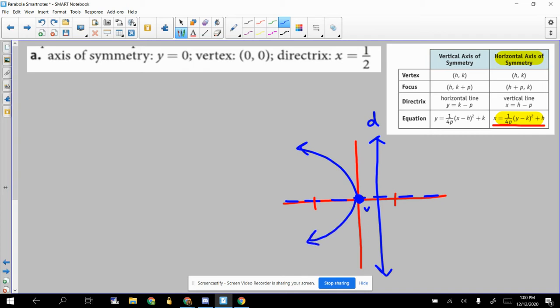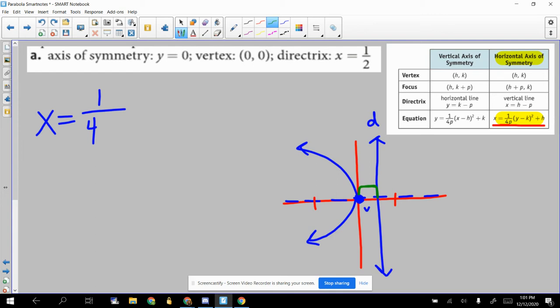Okay, so now we're going to plug in and we're going to write it as an x equals. Okay. And we're going to do 1 over 4p, but let's figure out what our p value is. And remember from the video yesterday that that is just either your distance from the vertex to the focus or your vertex to the directrix like we have here, okay?